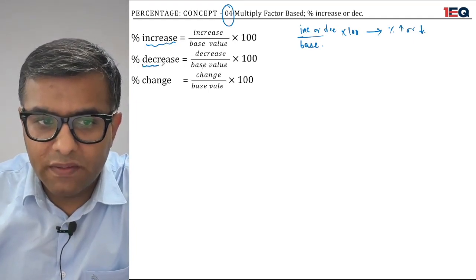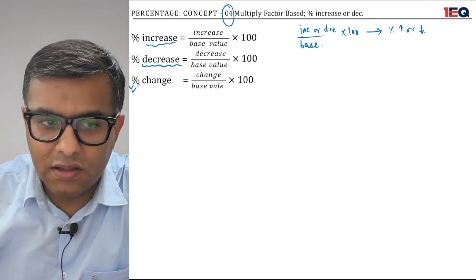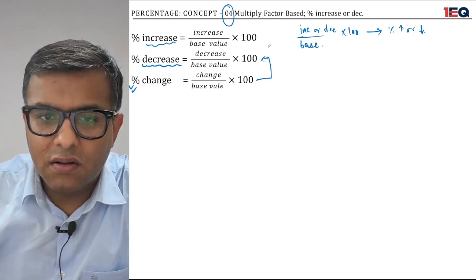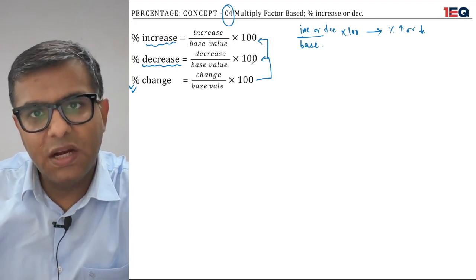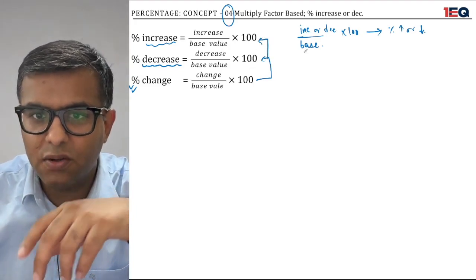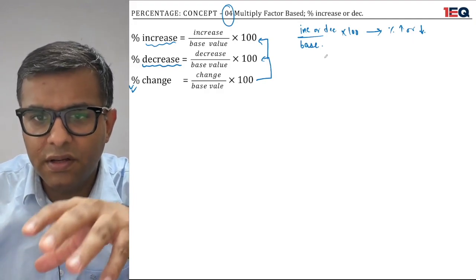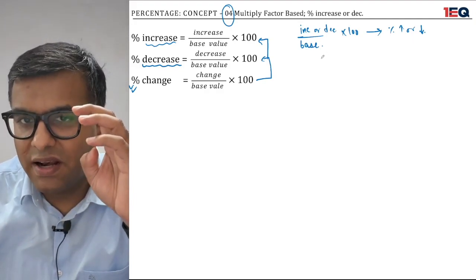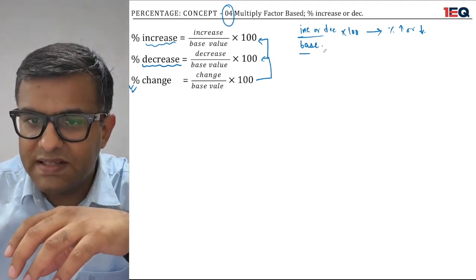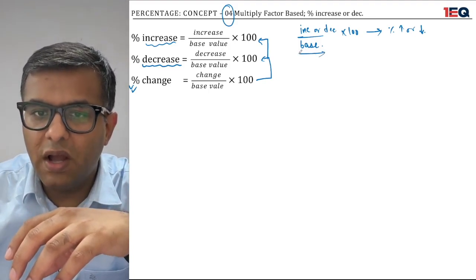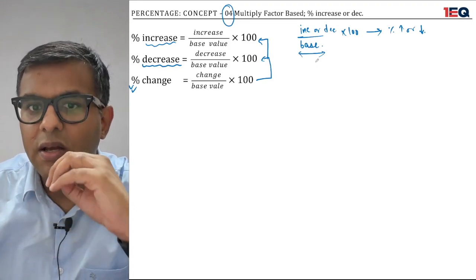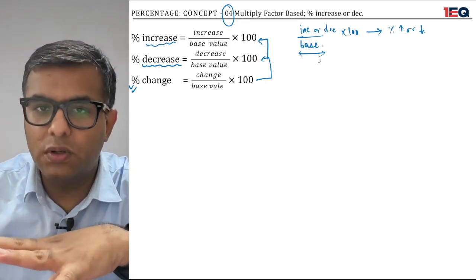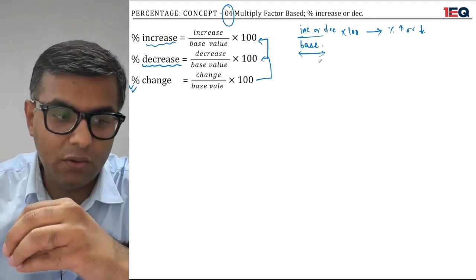Whatever is happening in this third equation over here is nothing but a generic statement of the above two equations. There's not much to understand over here. Always keep the base constant and always try to remember on what base I'm working, because if you commit a mistake in choosing the base, it would not lead you to the correct answer.